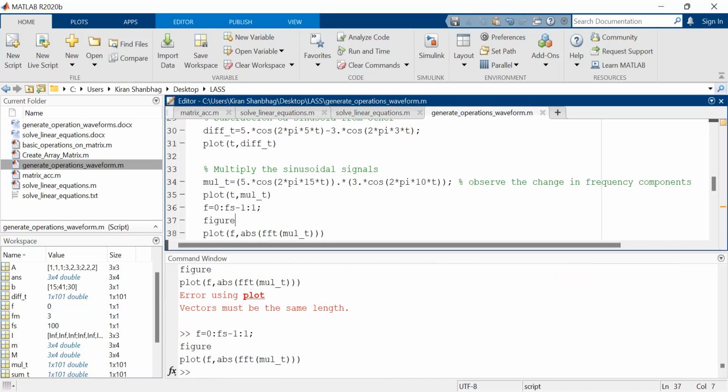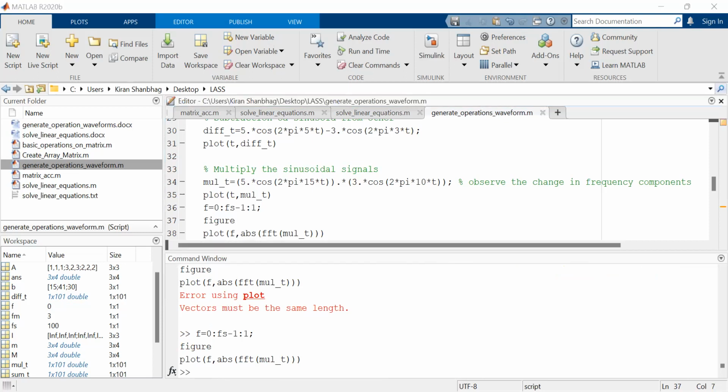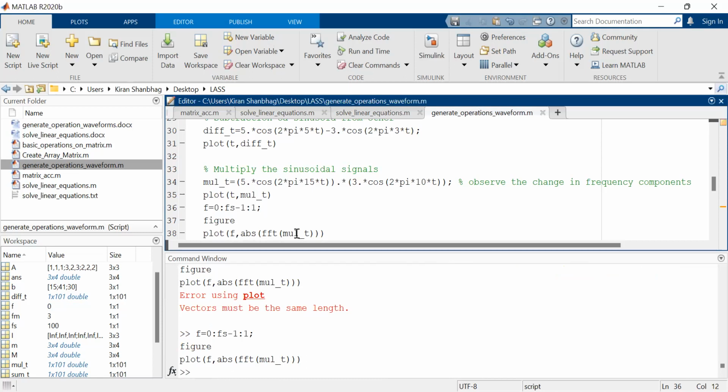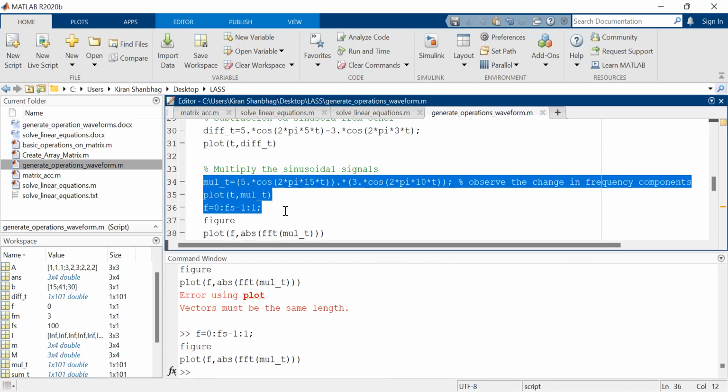Now I'm going to show you where the image has come.